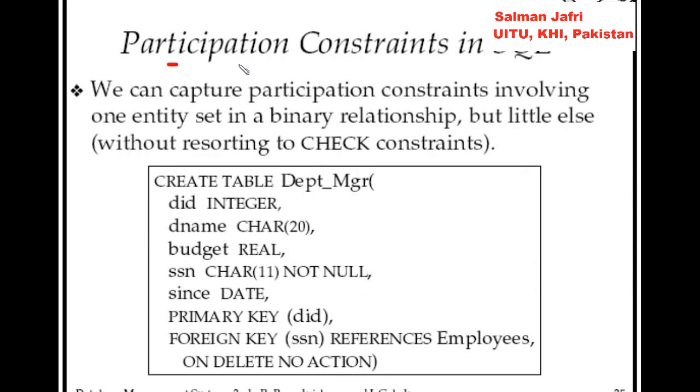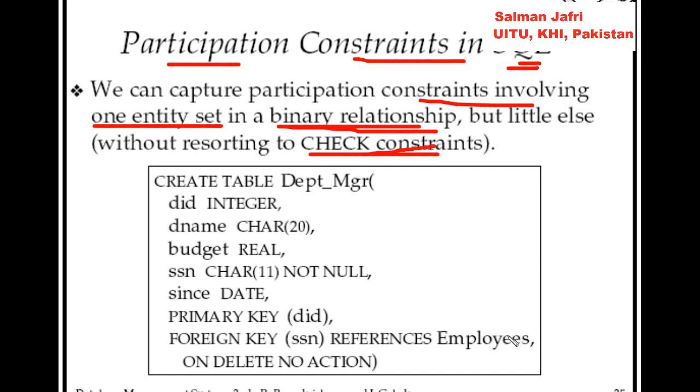So how do we implement participation constraints in SQL? We can capture participation constraints involving one entity set in a binary relationship, but little else without resorting to check constraints. Okay. So in a binary relationship we can have easy implementation of participation constraints.